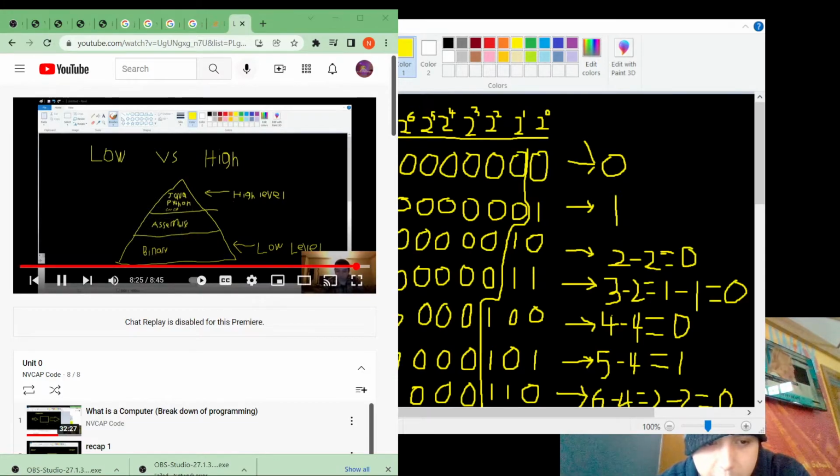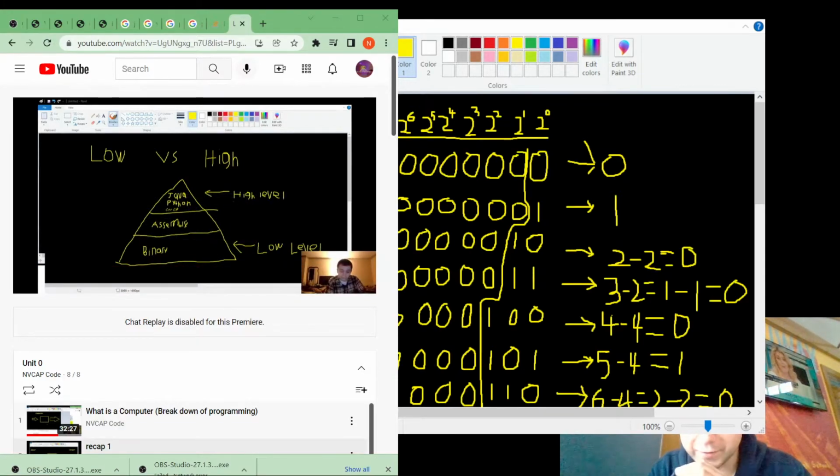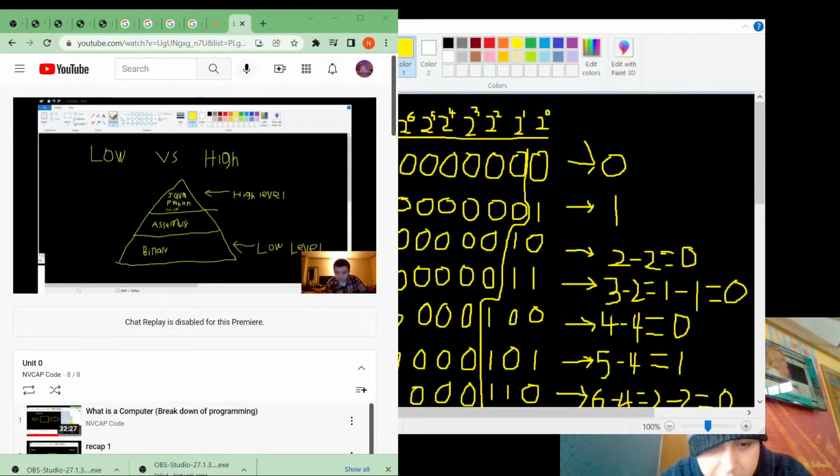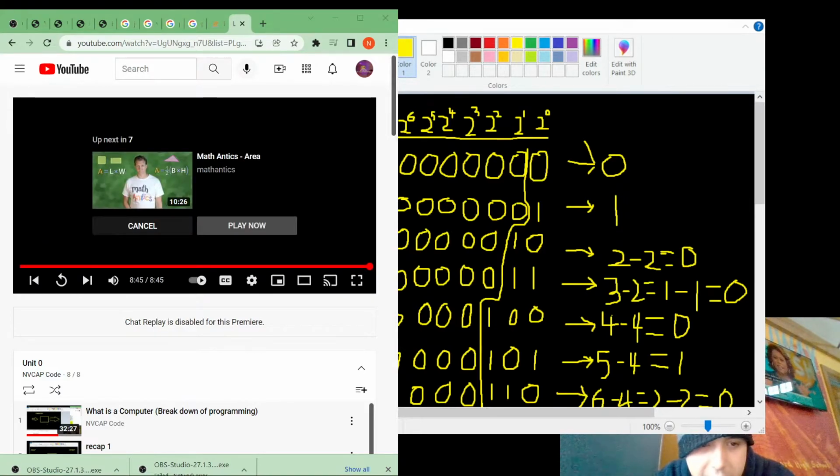Assembly is kind of in between. It's going to have a lot of commands, more connected with the machine, the computer, and it's very hard to read code. It wouldn't really make any sense if you saw it.